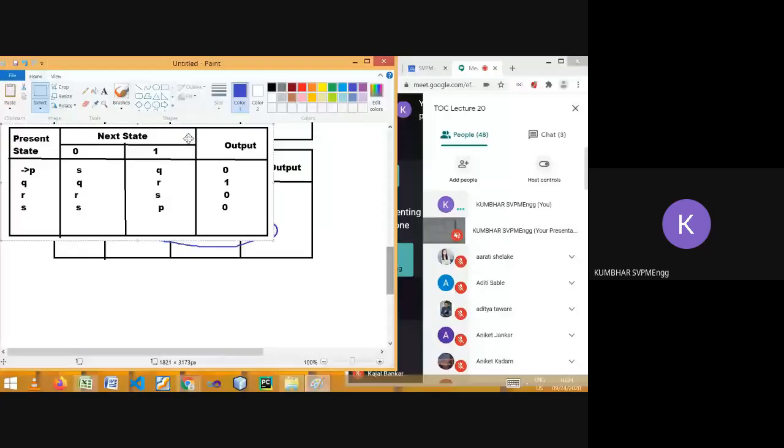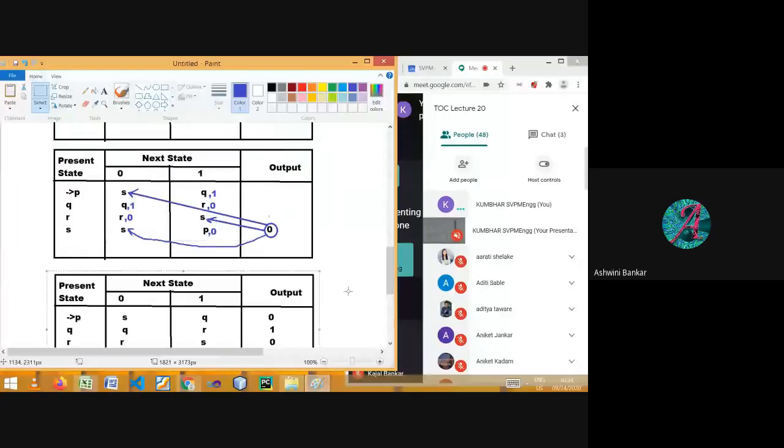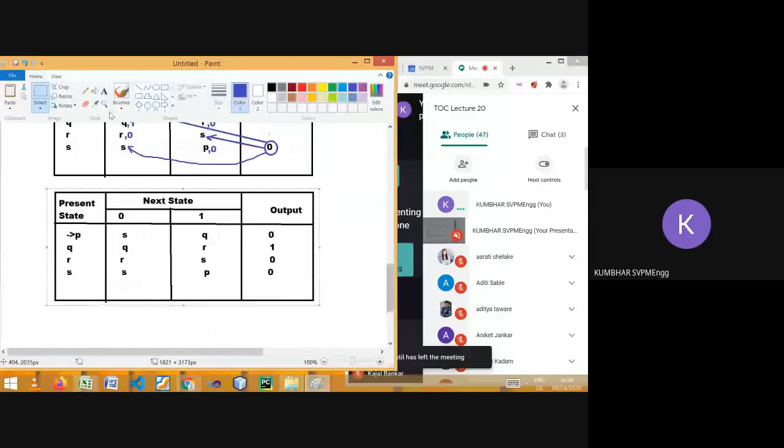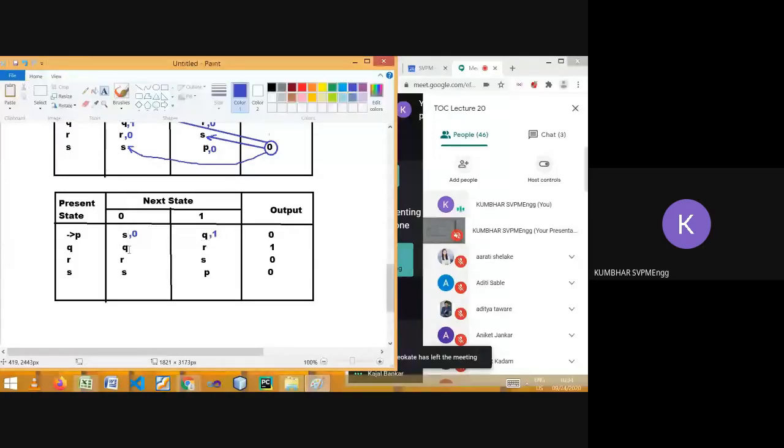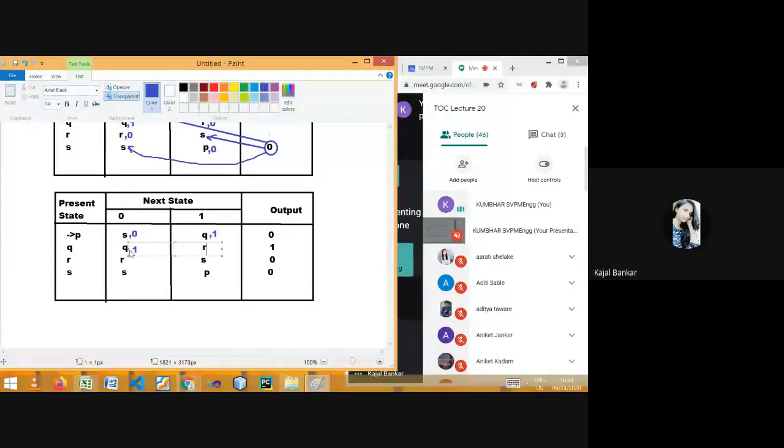After moving it, the final Mealy machine will be like this. Tell me fast now. Here is the output for Q. Only for Q the output is 1. For R the output is 0. For S also 0, and for P 0.